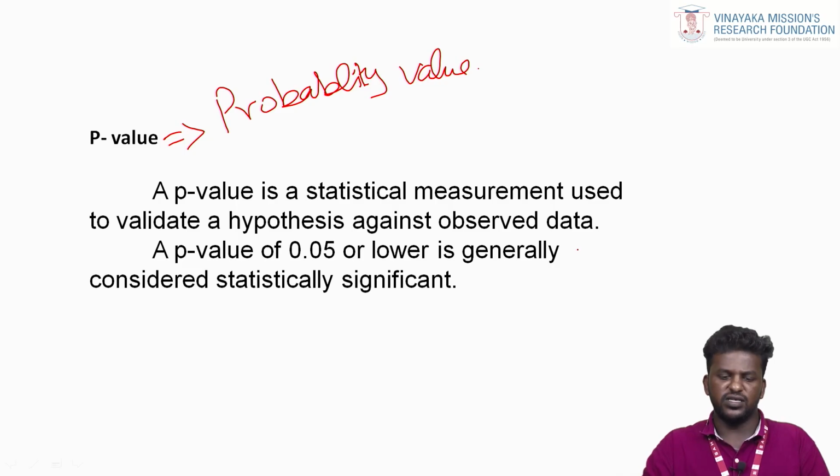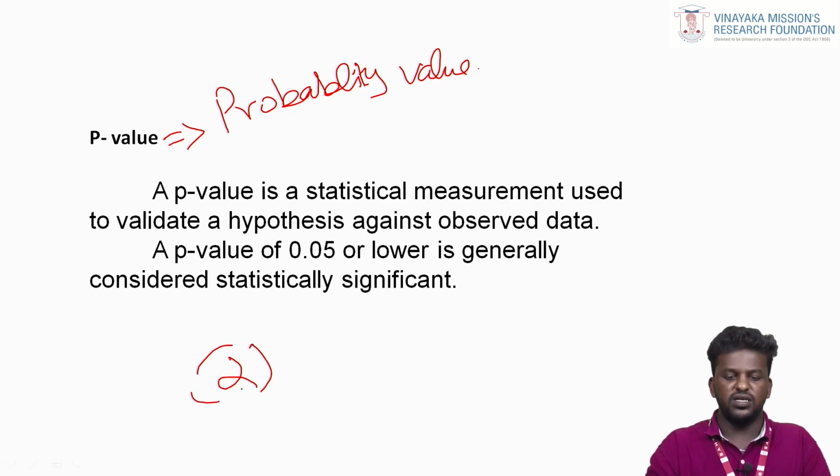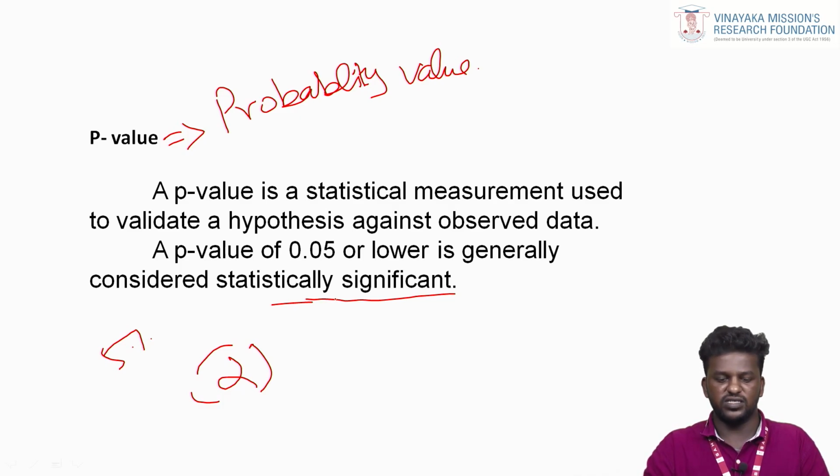For this decision making, p value plays a crucial role, right? The p value is also based on the error, that means the significance level alpha, right? Usually a p value less than 0.05, that means 5% error, is generally considered statistically significant, right? That means there is some difference or relation, some association, in that observed data set, right?